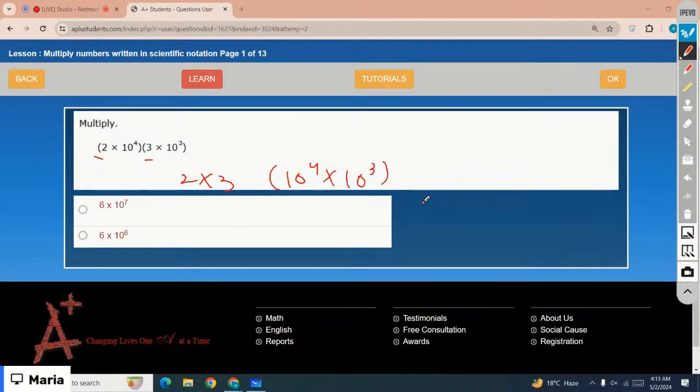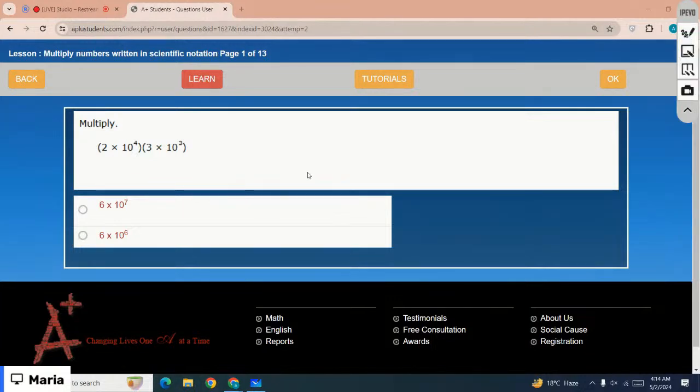So 2 times 3 is 6. They have the same base, so you need to add their exponents, that is 3 plus 4. So 6 times 10 exponent 7 is the correct option. The correct option is option number 1.